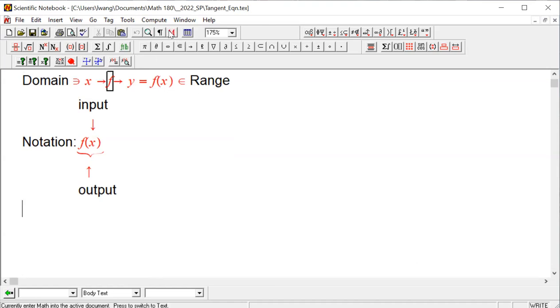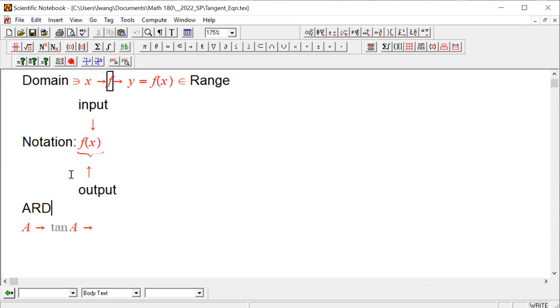Tangent function, of course, takes angles and produces a ratio, right? So we know the ratio, as it produces a ratio. And in the definition, we know A very well. We know reference angle very well.